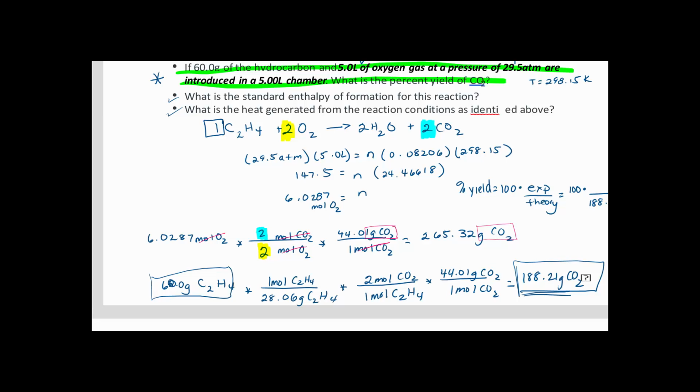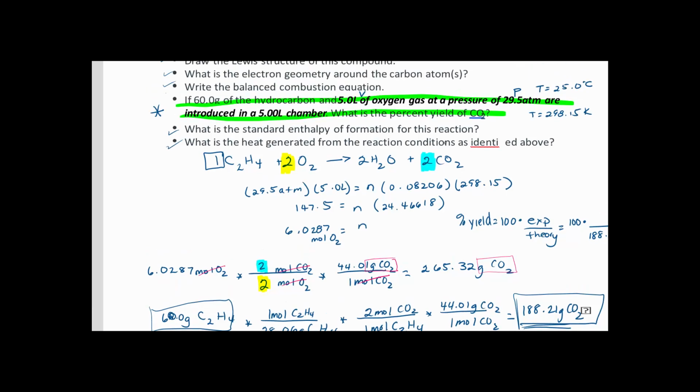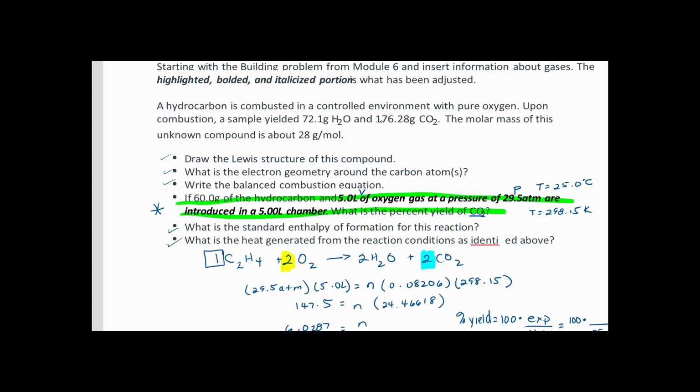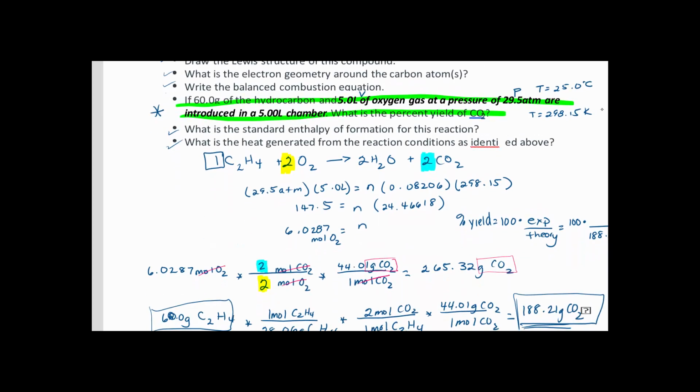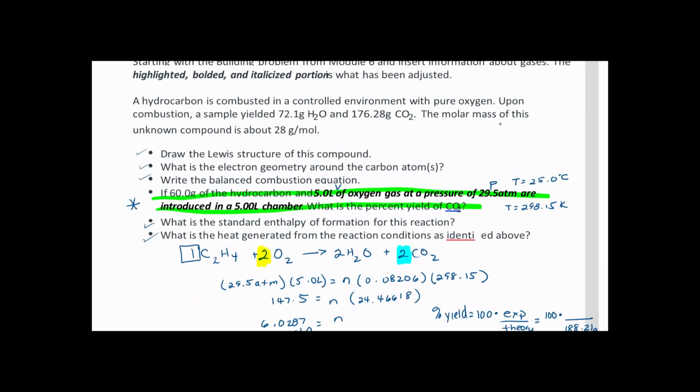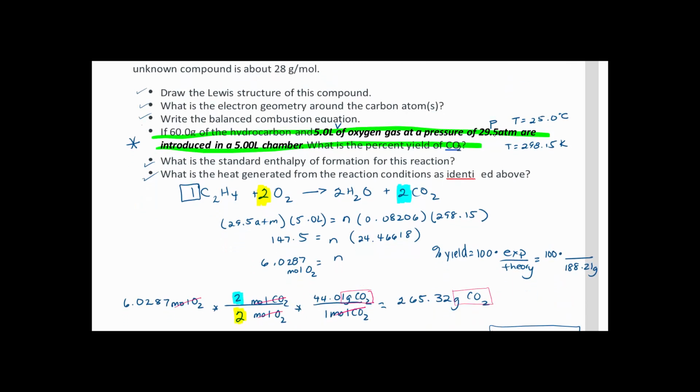The experimental value was found up here, 176.28. So that value goes here, 176.28 grams. And when you perform this calculation, you should end up with a percent yield of 93.7%.